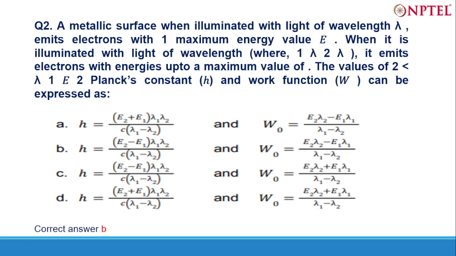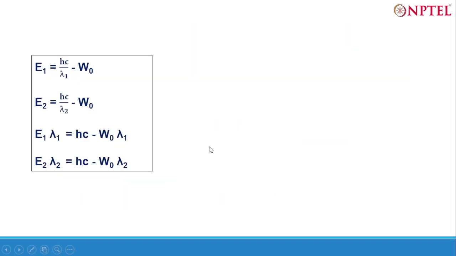When it is illuminated with light of wavelength lambda 2, it emits electrons with maximum energy E2. So what is the relation between E1, E2, lambda 1, lambda 2, and Planck's constant? And then what is the work function of the metal? Okay, let's see.